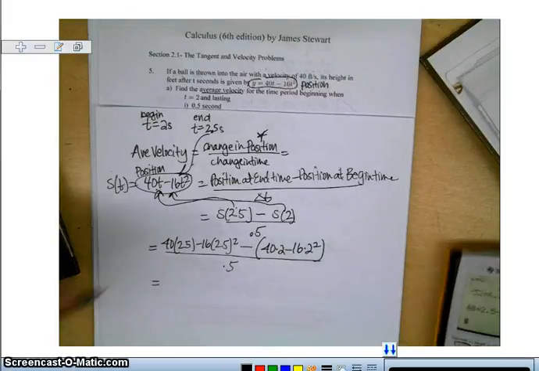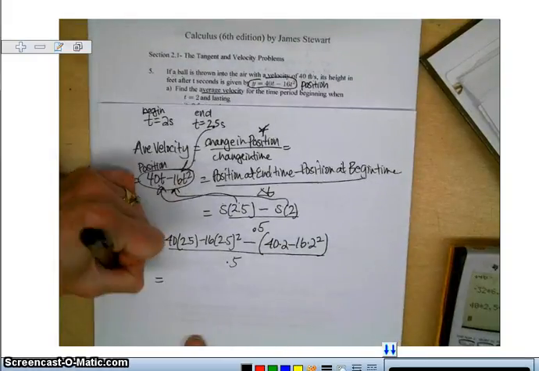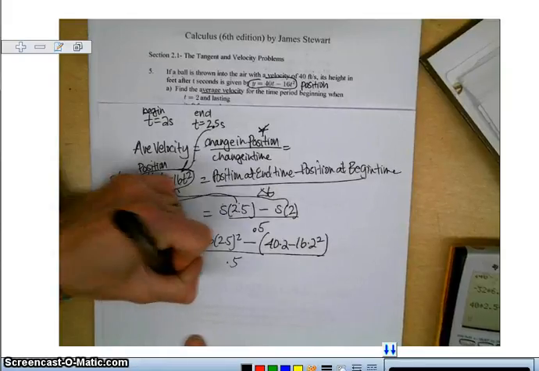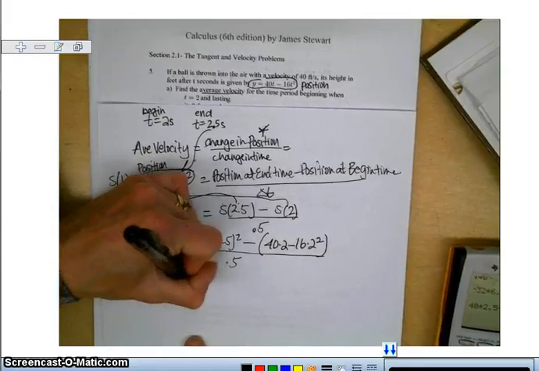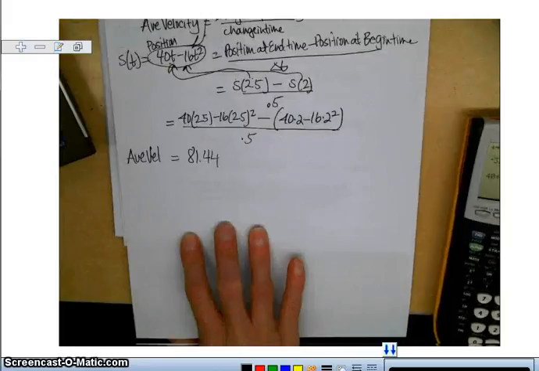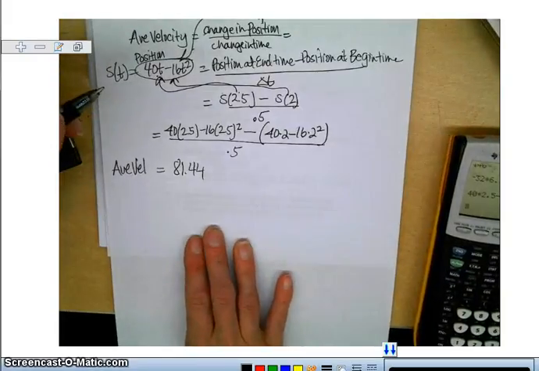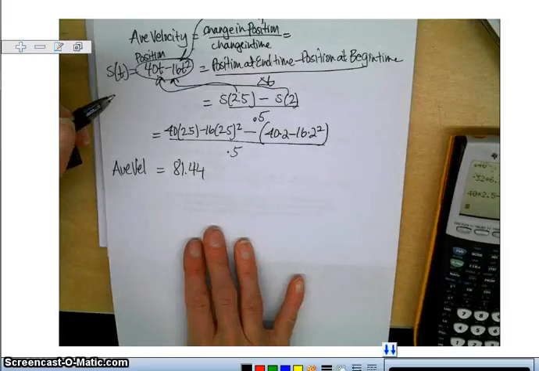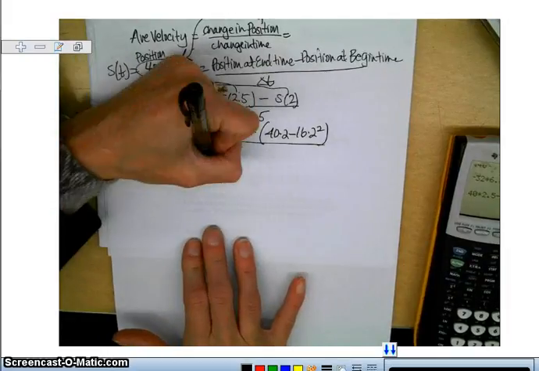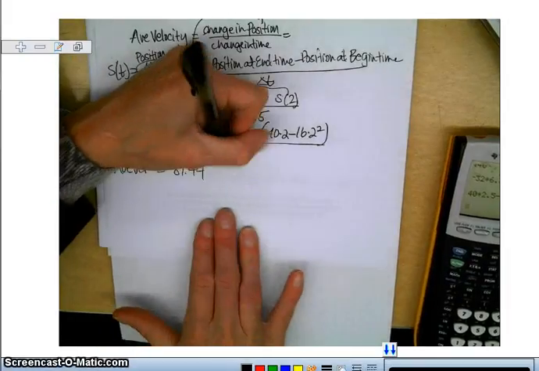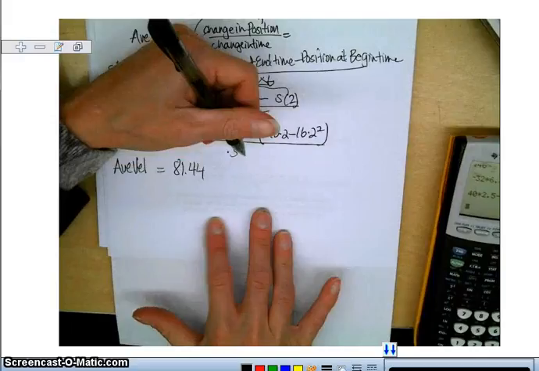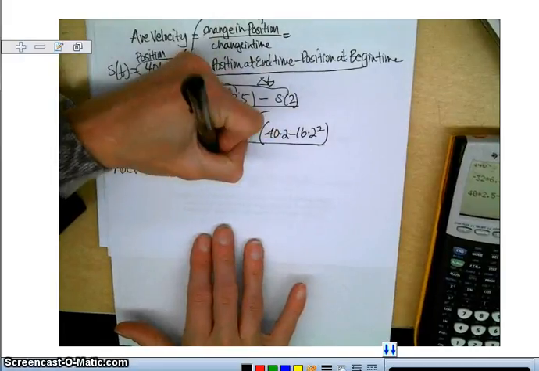And I get that the average velocity is 81.44 what? What would be the label on it? Cars? Is that the label? Inches per mile? Feet per second.